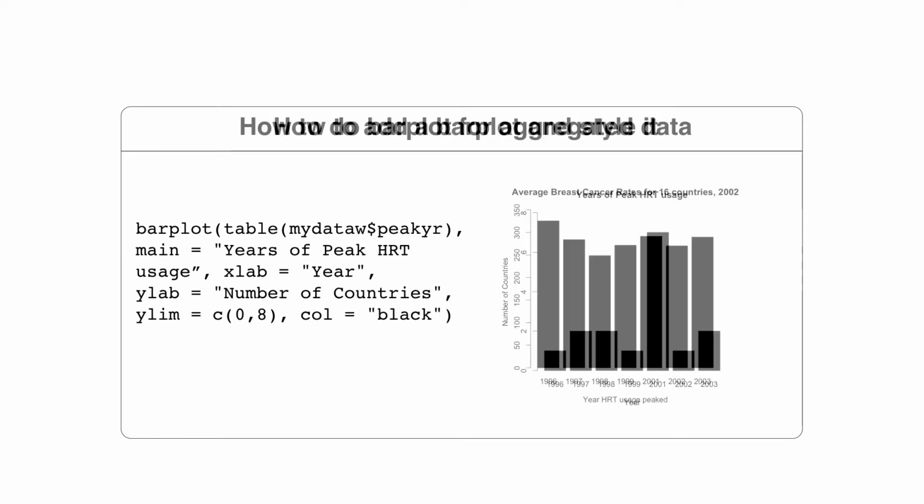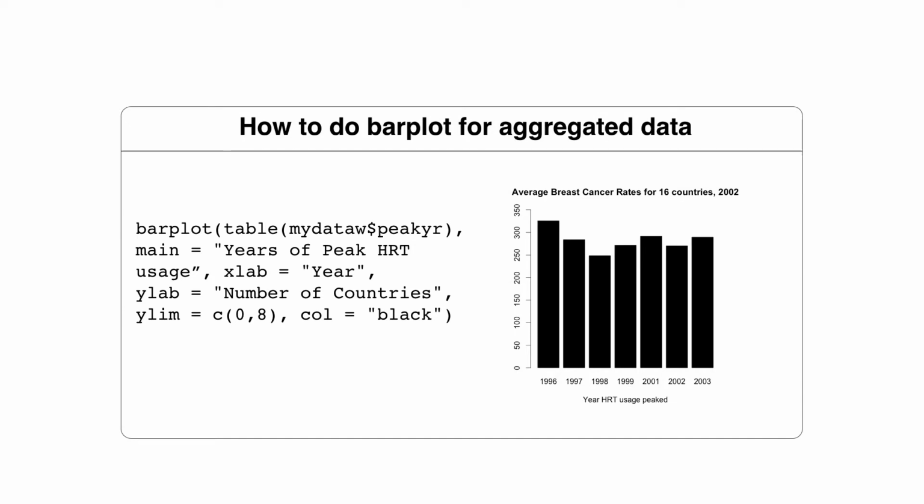Another example, which is quite important, is when we start talking about aggregated data. In the case of aggregated data, we have some data sets in which we have decided to create a variable that will tell us, in one sense, the average breast cancer incidence rates.